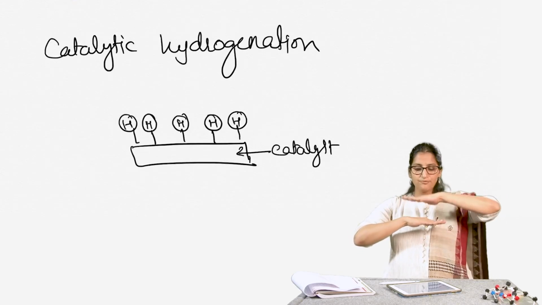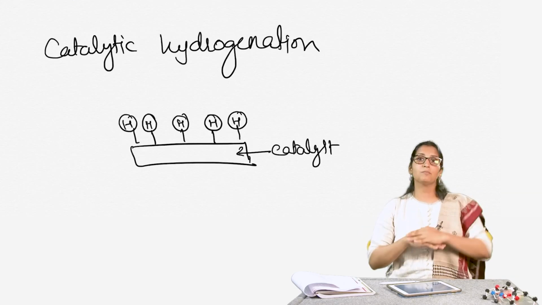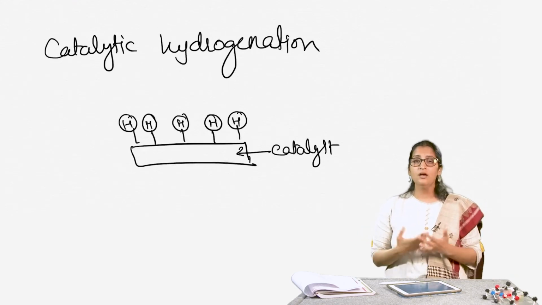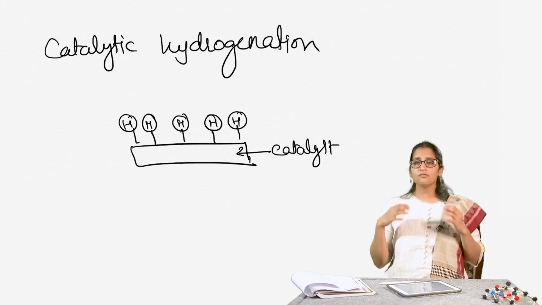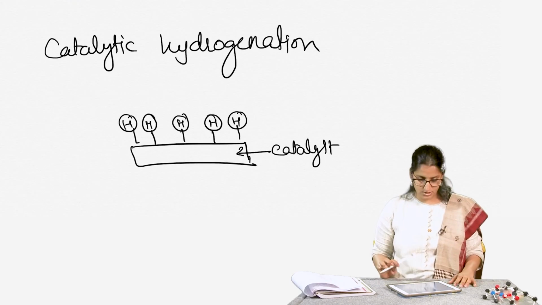This grabbing of both the hydrogens at the same time really results in the formation of syn addition of the hydrogens. Very often you form a syn product, it is very unlikely to form an anti-addition of the two hydrogens.